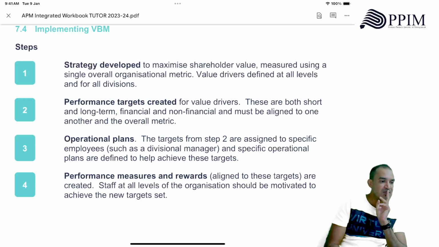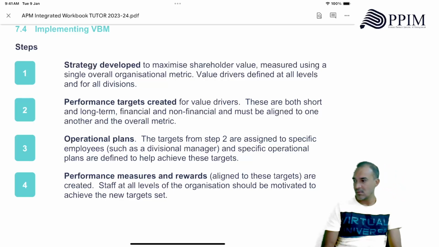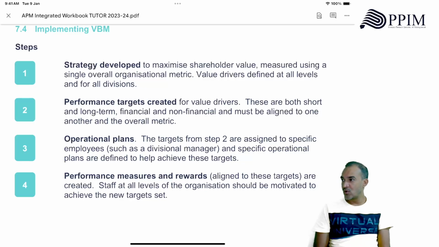Next, focus on critical success factors that will add value to the business.